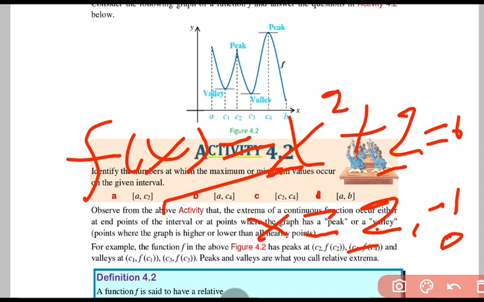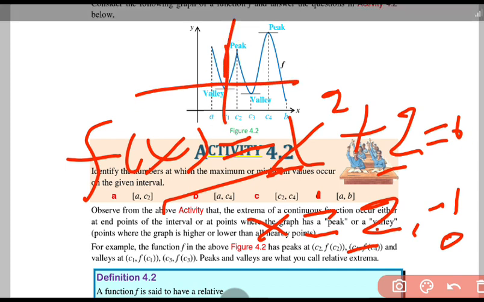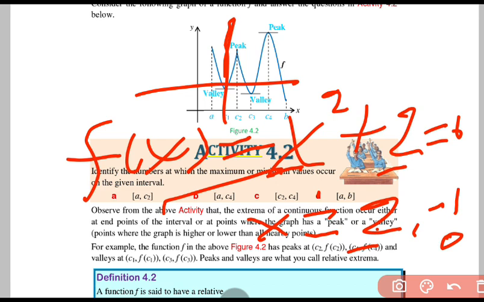This means when we draw a graph, there is 6 only when x is 2, isn't it?